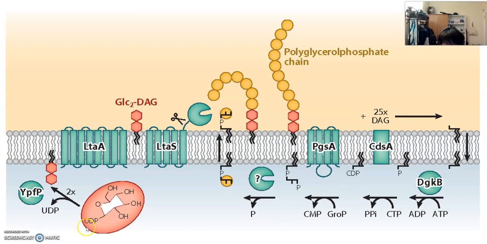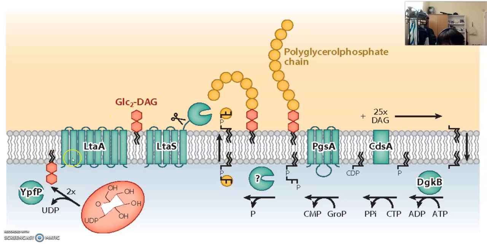Now we're going to talk about the lipoteichoic acid synthesis. It's very similar to the teichoic acid synthesis, except that it starts off by adding 2 UDP-glucose molecules to the diacylglycerol molecule.